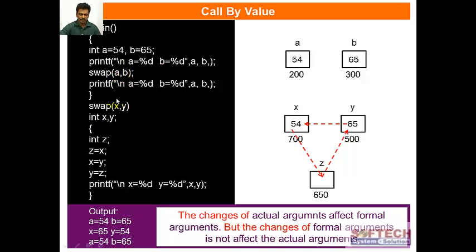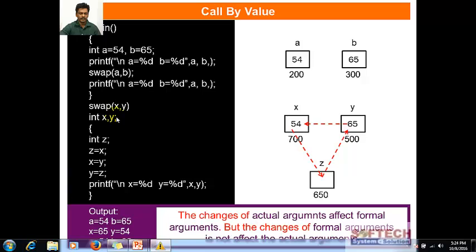If we transfer the a and b values to x and y, and then change the a and b values, the x and y values are also changed, because the a value is transferred to x and the b value is transferred to y. But the x value is not returned to a. So it is one way.